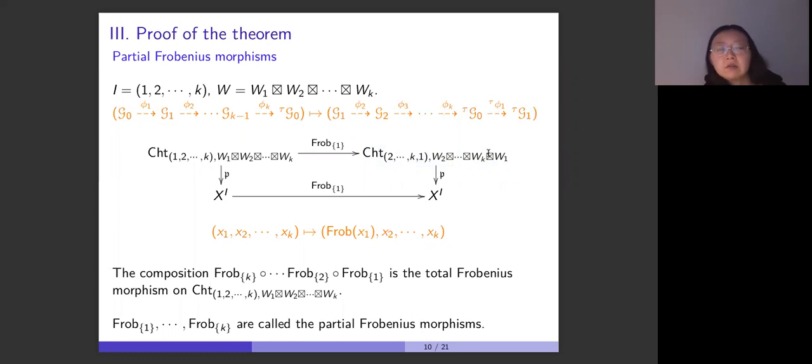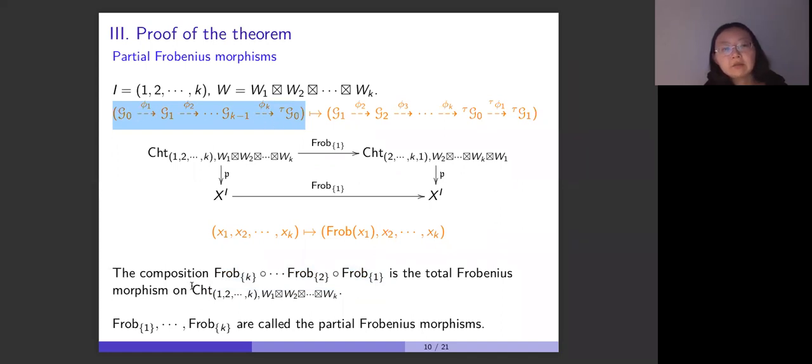Like this, you can do a Frobenius for the second one. You can iterate this until k times. So if you compose this until k times, at the end you will arrive at something like tau G0 to tau G1 to tau G2 until the last one is tau of tau G0, which means the composition of this is the total Frobenius of this one.